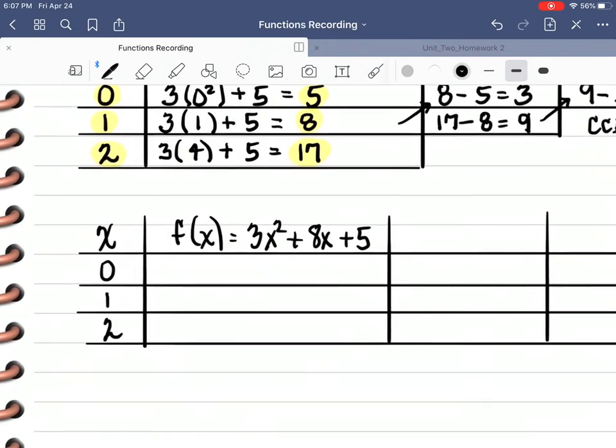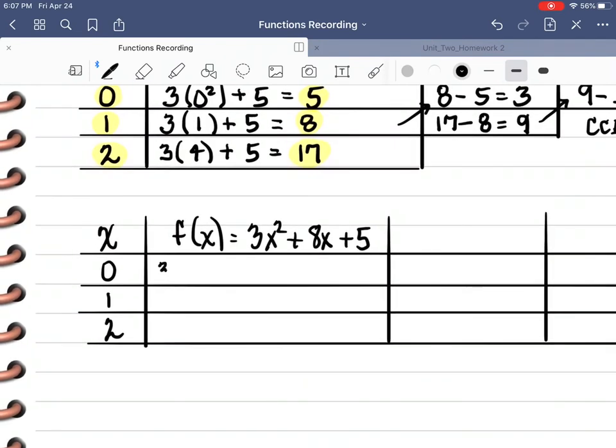So I need to zoom in here. 3 times 0 squared plus 8 times 0 plus 5 is 5. 3 times 1 squared plus 8 times 1 plus 5 is 16. Wait a minute, something's wrong. 8, 9, 10, 11 plus 5.